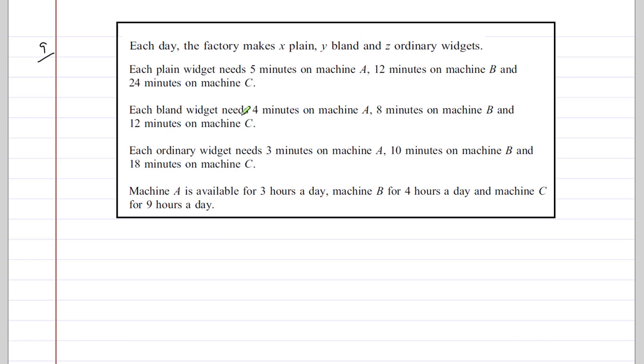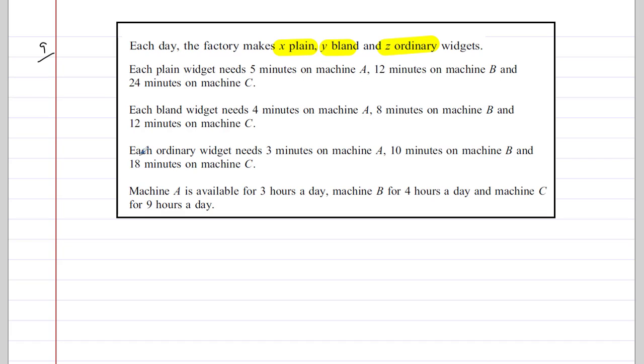Before we start writing down our constraints, we're going to make sure we understand what our decision variables are. It says each day the factory makes X plain, Y bland and Z ordinary widgets. So X represents the number of plain widgets, Y the number of bland widgets and Z the number of ordinary widgets.